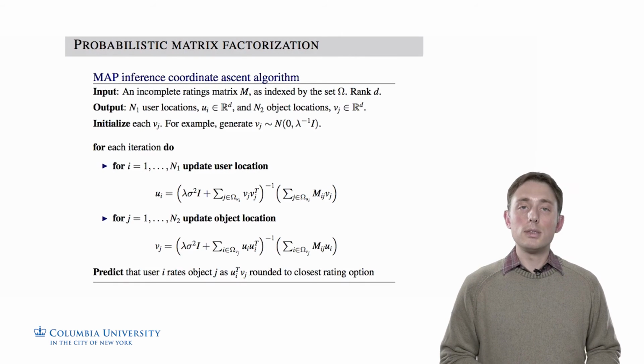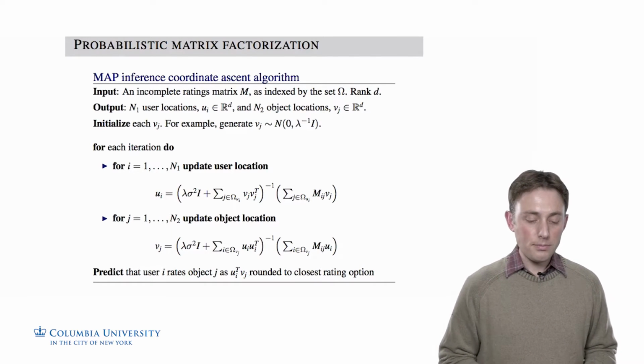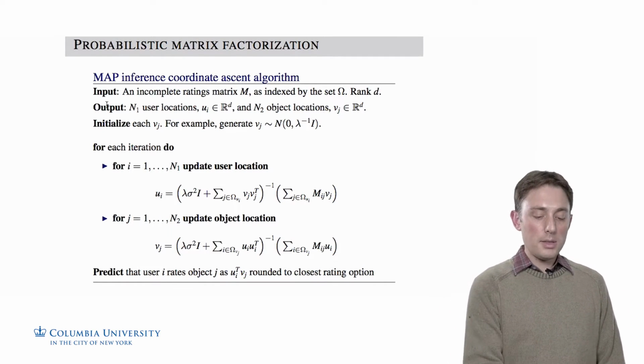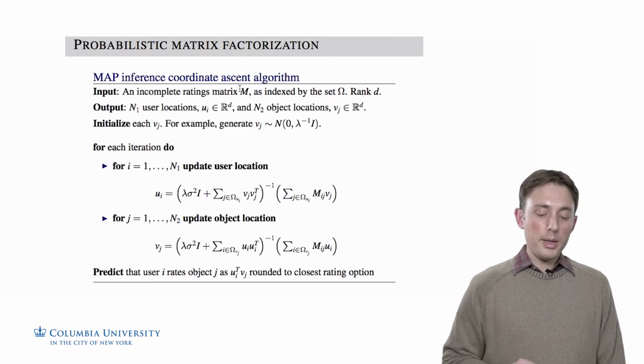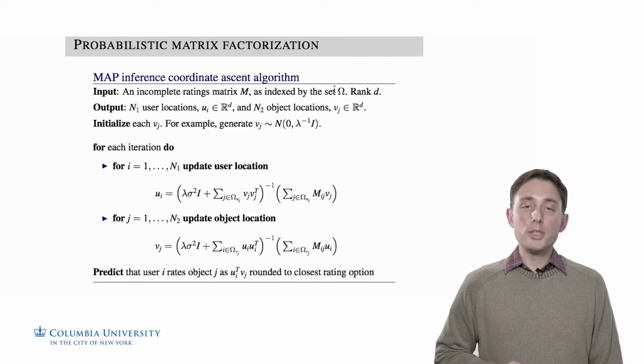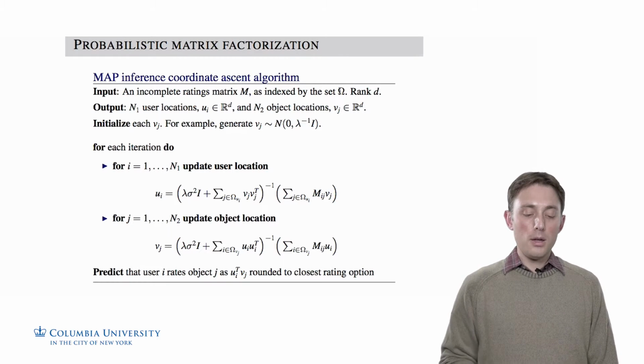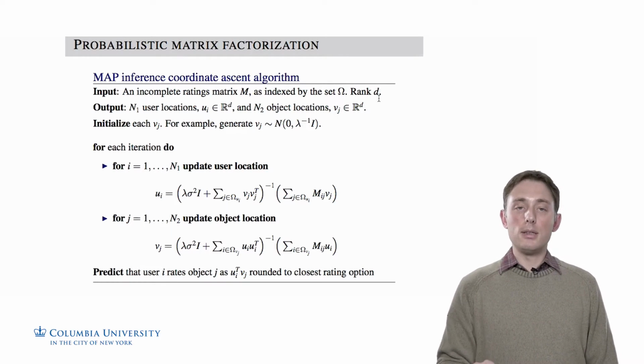So here's the coordinate ascent algorithm for doing MAP inference for the probabilistic matrix factorization model. What we have as an input is an incomplete ratings matrix M, where the locations of the measurements in M are indexed by omega, and we also input a rank D that we want to learn.